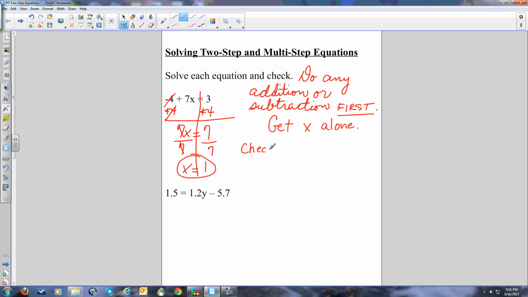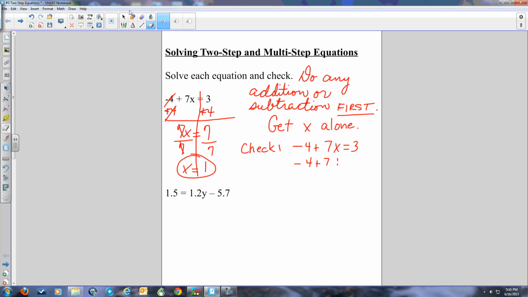Now if we go to check this, substitute your value for x in place of your variable. So let's say we have negative 4 plus 7x equals 3. If we plug in the variable, we have negative 4 plus 7 times 1 equals 3.